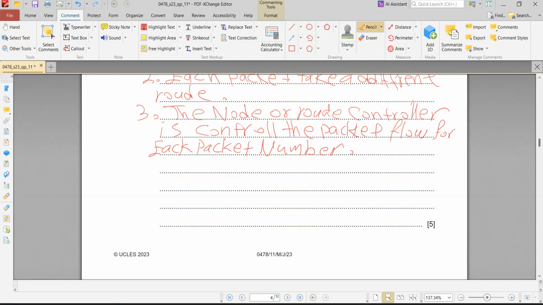So this is the answer for number three. Number four, packets could arrive with an error or unordered.